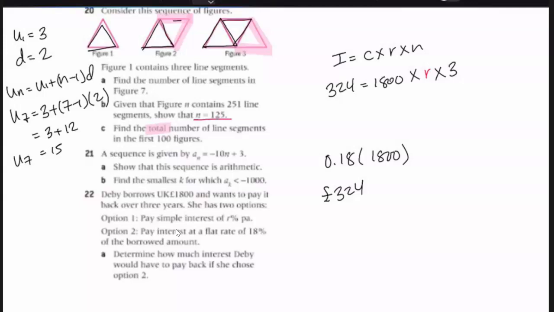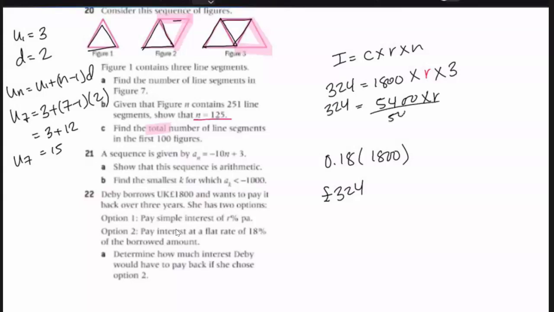So you'll do 1800 times 3, which is 5,400. I did an extra 0. Whoops. There you go. Times R equals 324.